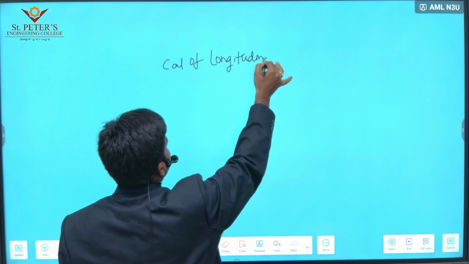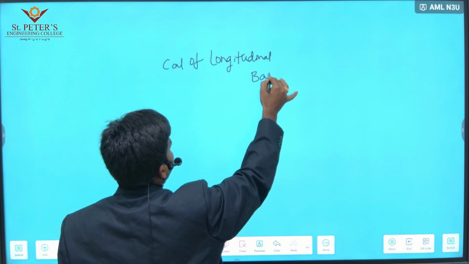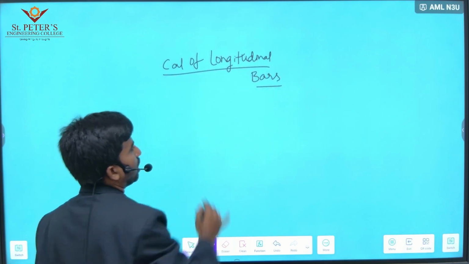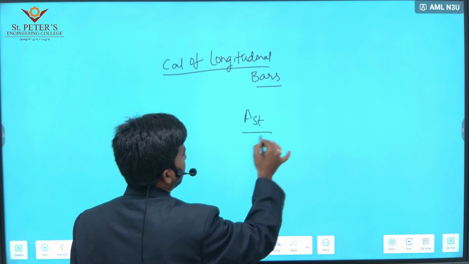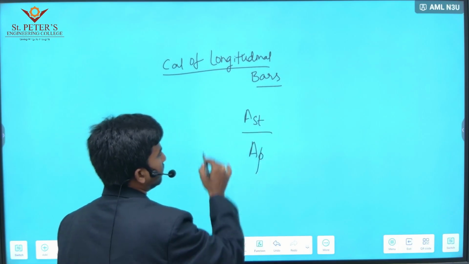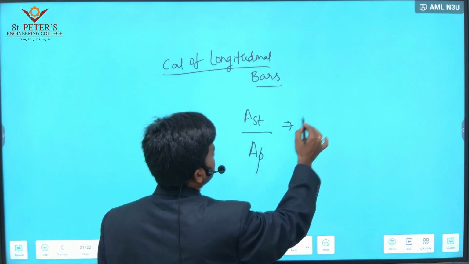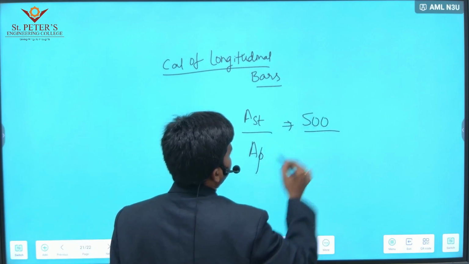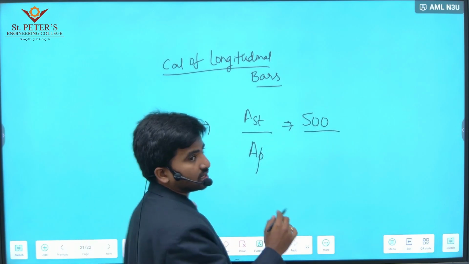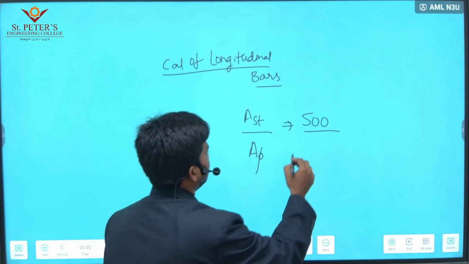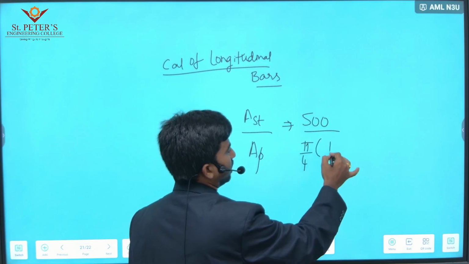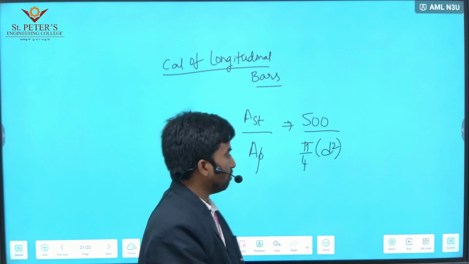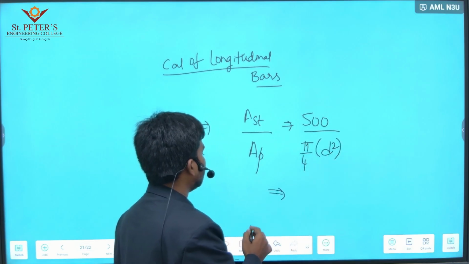Calculation of longitudinal bars. How to calculate longitudinal bars is nothing but AST by A5. Here we got the value 500 multiply with A5. Bars are in circular section, so the area of a circle formula is pi by 4 d square. We are assuming the bar diameters.